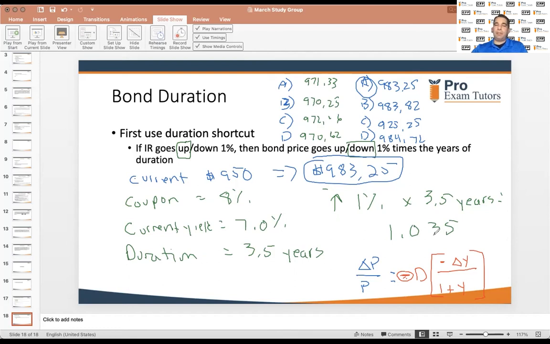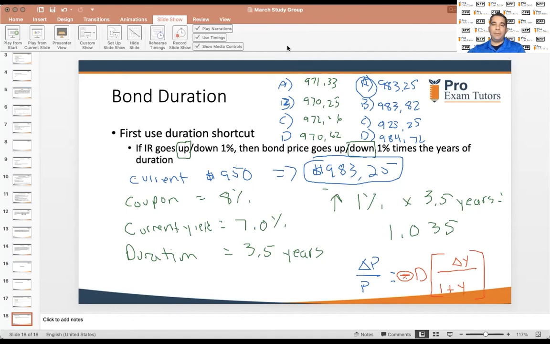I'm so glad that you asked that, because the formula sheet says change in the yield. You have to know to put in a negative number if the yield is going down, because if we don't, you're going to wind up with a change in price that actually goes down.